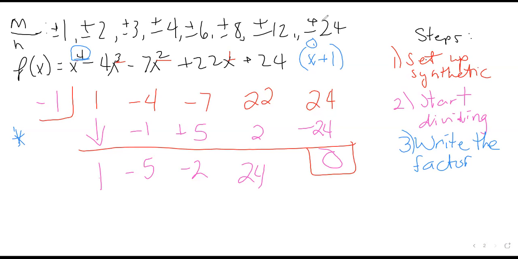Now, there are 2 options that we can do now. Okay, option 1, and I'll let you guys pick. So our options now. Option 1 is to take the quotient and try to factor.